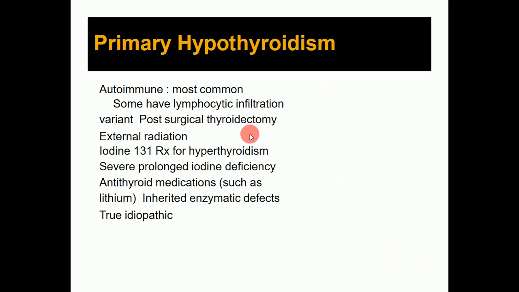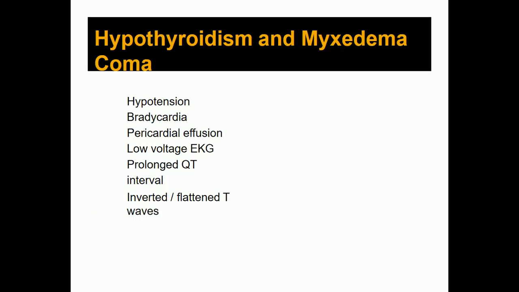Other causes include post-surgical thyroidectomy, external radiation, iodine 131 for hyperthyroidism, severe prolonged iodine deficiency, anti-thyroid medications such as lithium salts, inherited enzymatic defects, and true idiopathic hypothyroidism, and myxedema coma. These are the cases which are reported. There may be hypotension, bradycardia, pericardial effusion, low voltage EKG, prolonged QT interval, and inverted and split T waves.